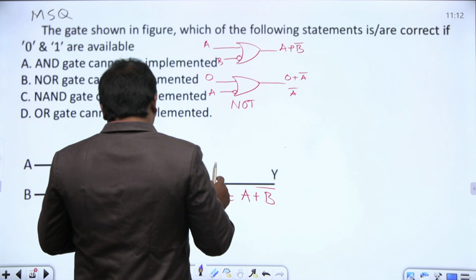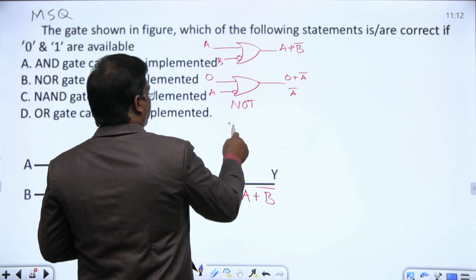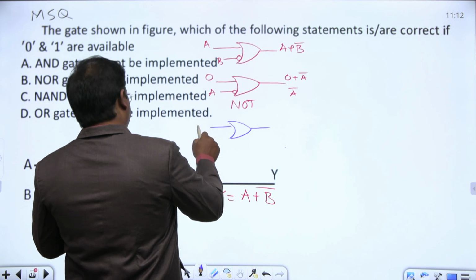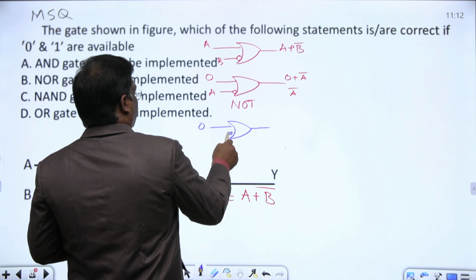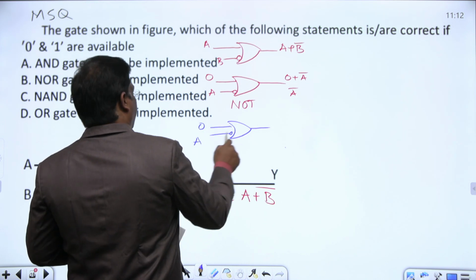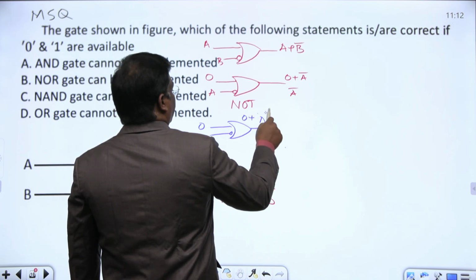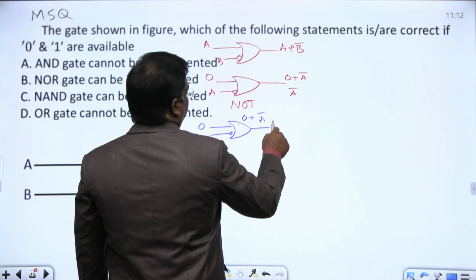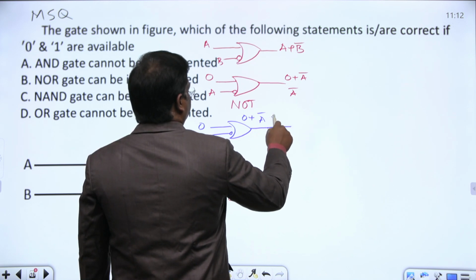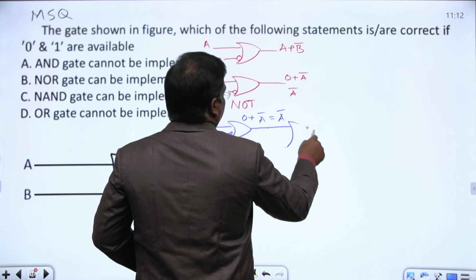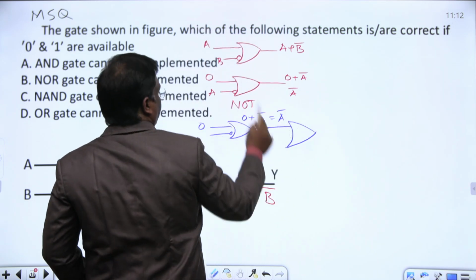Similarly, if I give 0 for this input and A for the other, the output is 0 plus A bar, nothing but A bar. NOT gate.